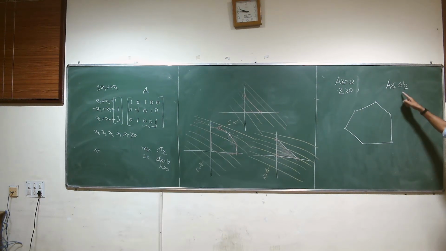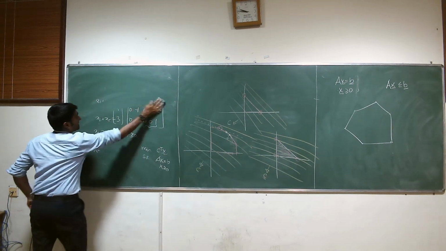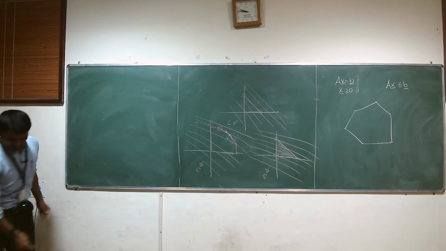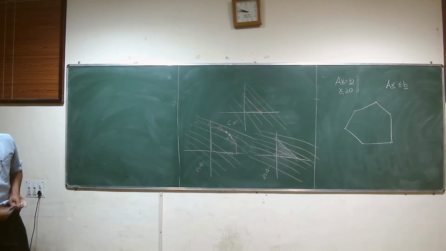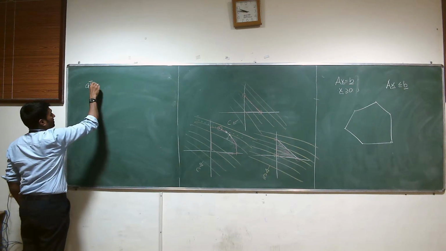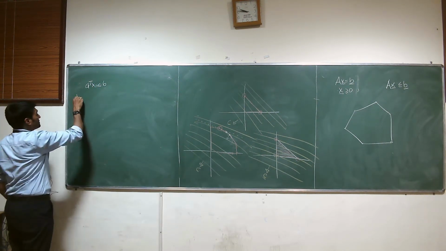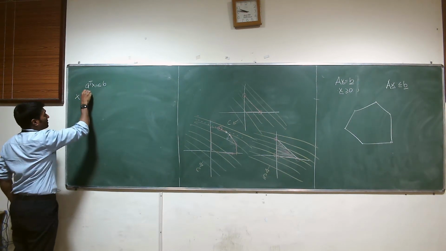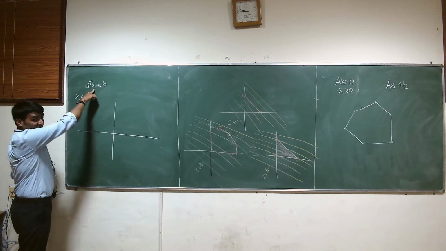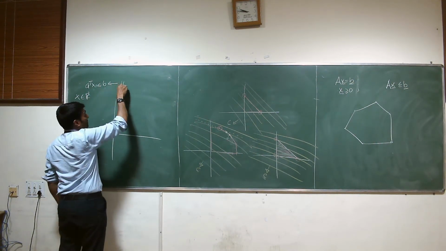If it's not clear why this represents this, I'll just take a quick detour. If you had A transpose X less than or equal to B, and let's say X was from R2, an expression like this, the set of all points that satisfy this is called a half plane.